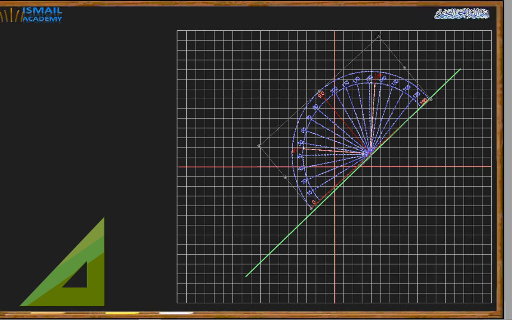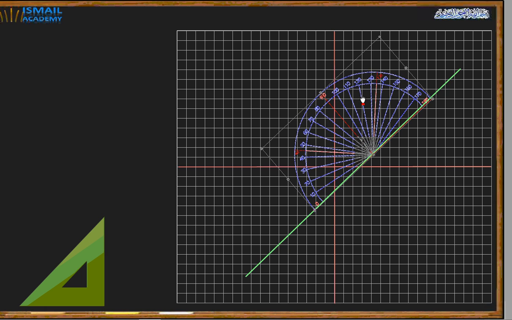I try to make sure that the line is above the red line. There we go. All right, so now my point is here. Now I draw my perpendicular line.